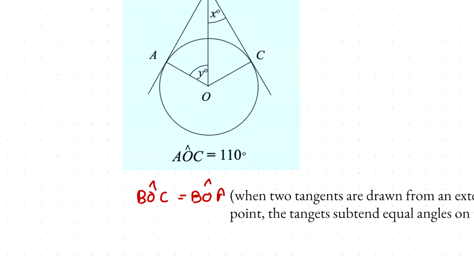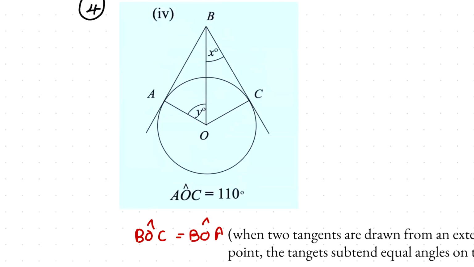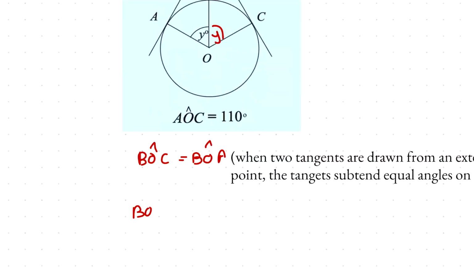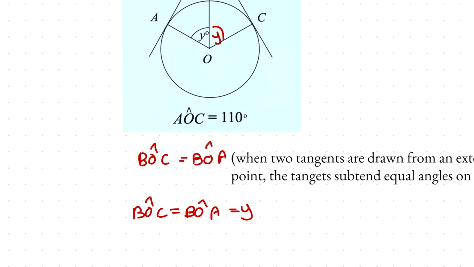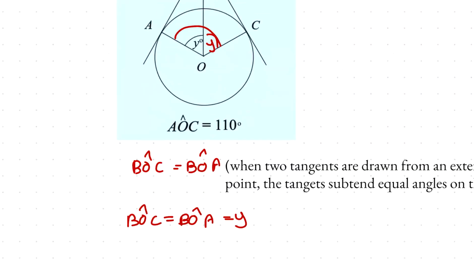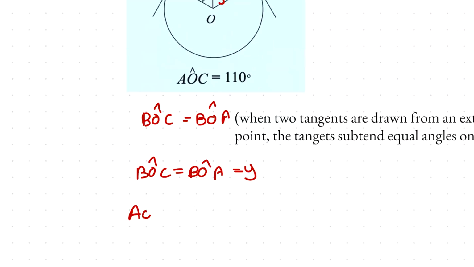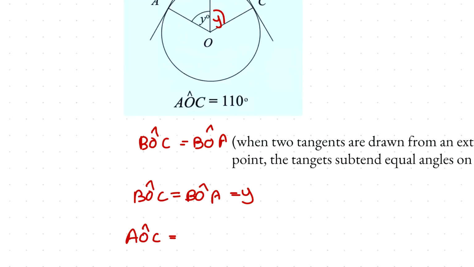Anyhow, you know BOA is Y, and BOC also becomes Y. BOC equals BOA, and you know BOA is Y. So both of them are now equal to Y. They say the whole angle AOC is 110. So AOC is made up of BAO plus BOC.